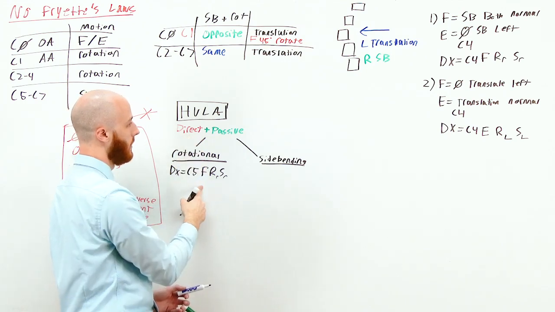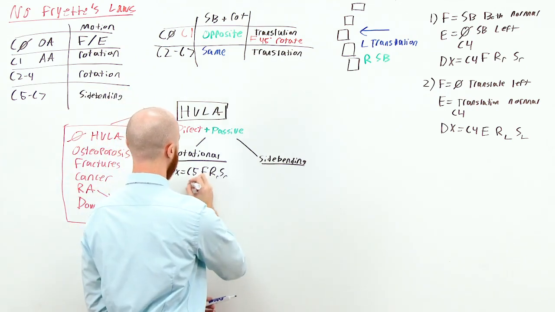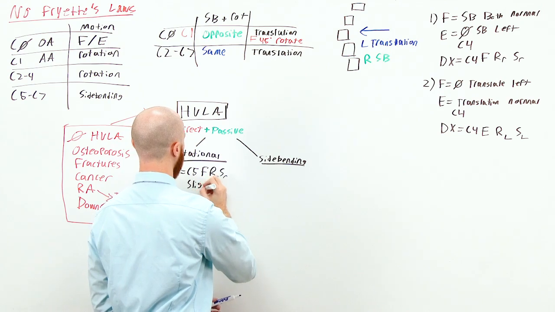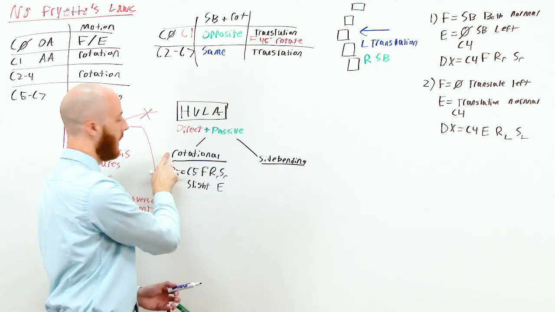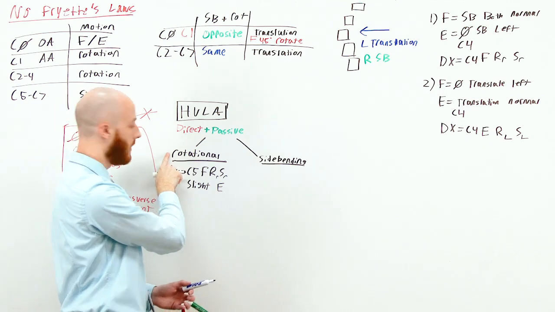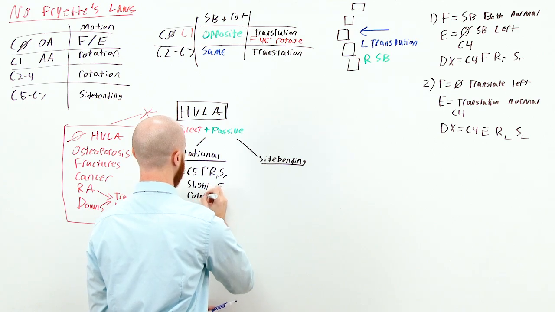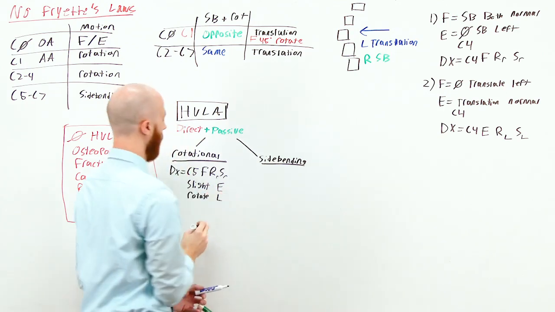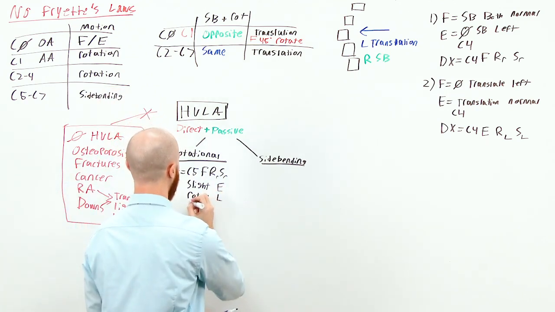So put them into the position that they cannot do. So I'm going to induce slight extension. It's a rotational HVLA technique, so I'm going to set them into the rotational barrier first. So we're going to rotate to the left. And then the last plane of motion is side bending. So I'm going to side bend to the left.